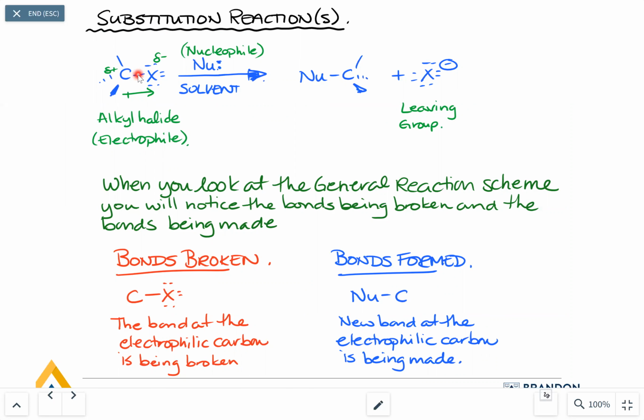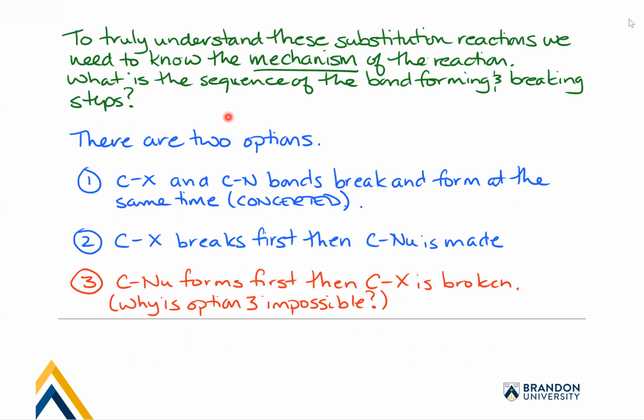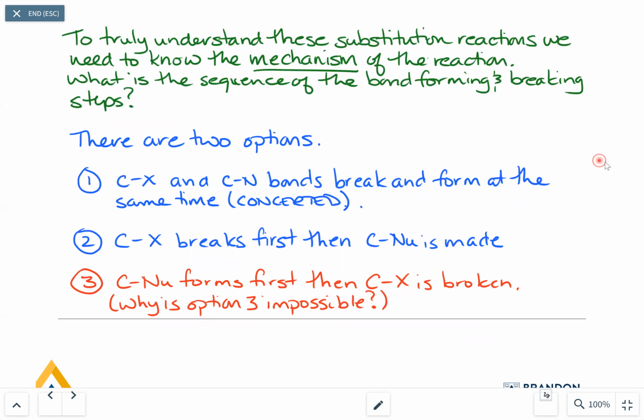And so depending upon the order in how these bonds are being broken and made, we're going to have two different mechanisms. So there are basically two options. One option is that we can break the carbon X bond and we can form the carbon nucleophile bond at the same time.